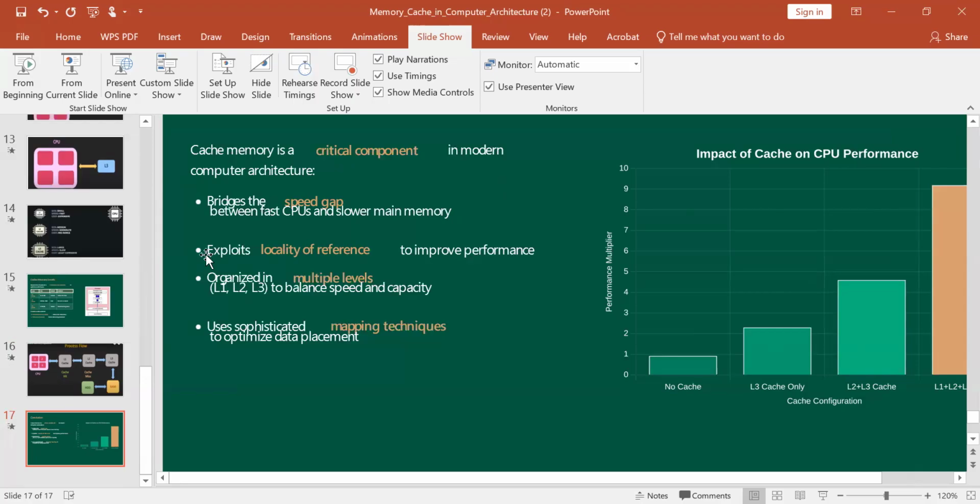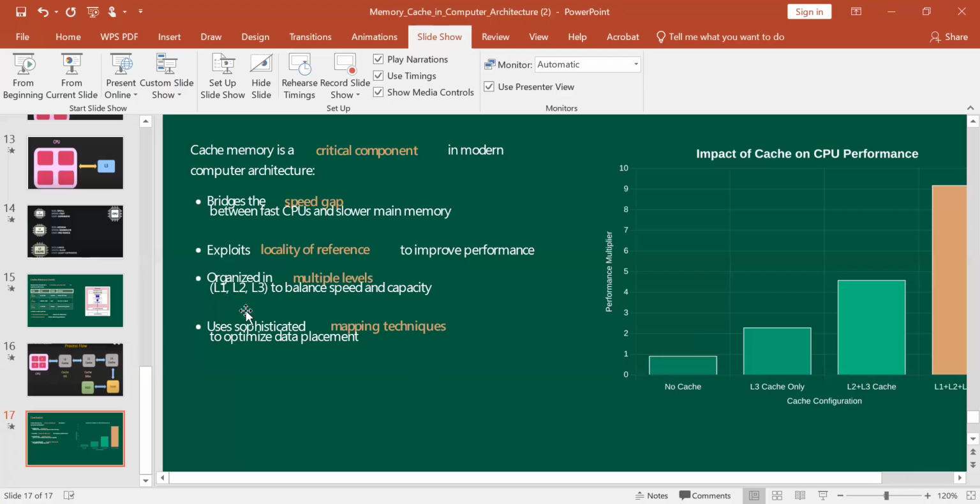Number two, it exploits the locality of reference. Not forgetting we've dealt with two main localities: the spatial locality and the temporal locality. And it exploits these two types of localities in order to improve performance. It is also organized in three main levels.